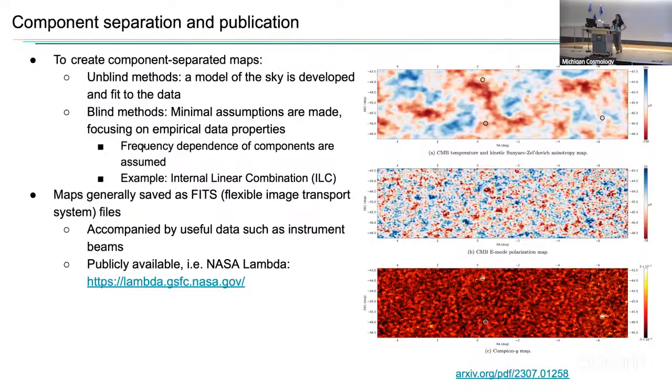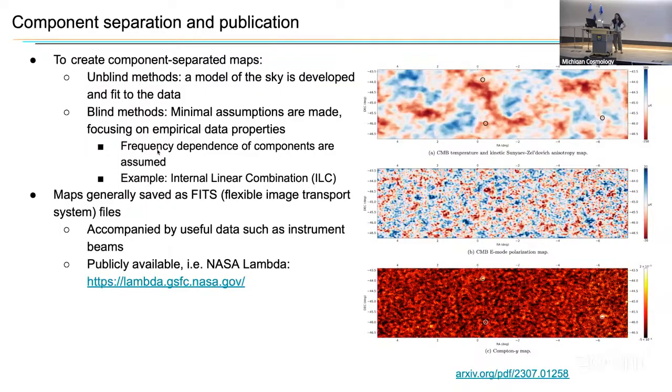This assumes some frequency dependence of your components, but it doesn't rely on a sky model. If you're interested in learning about the ILC approach, especially Will Colton's paper on how these maps are made is recently available on the arXiv.